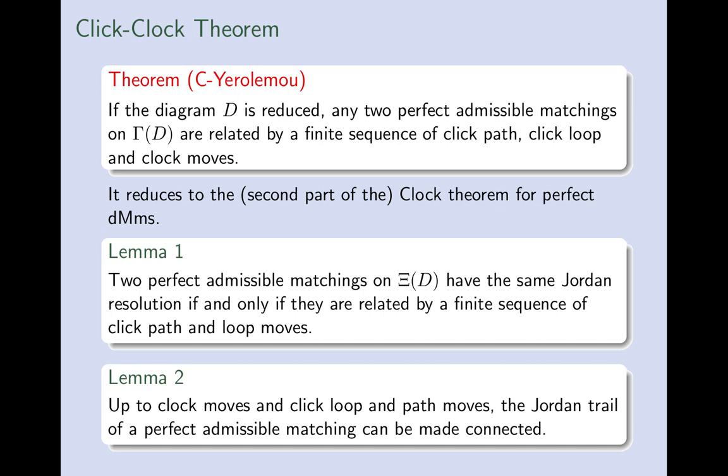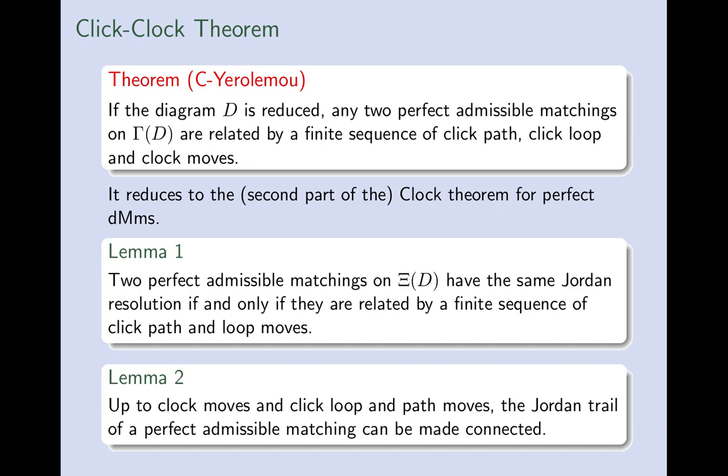And the second lemma, which is the really tricky one, states instead that up to clock moves and click loop and path moves, so all possible moves that we have in our toolkit, we can make the Jordan trail of a perfect and admissible matching connected. So what does this mean?